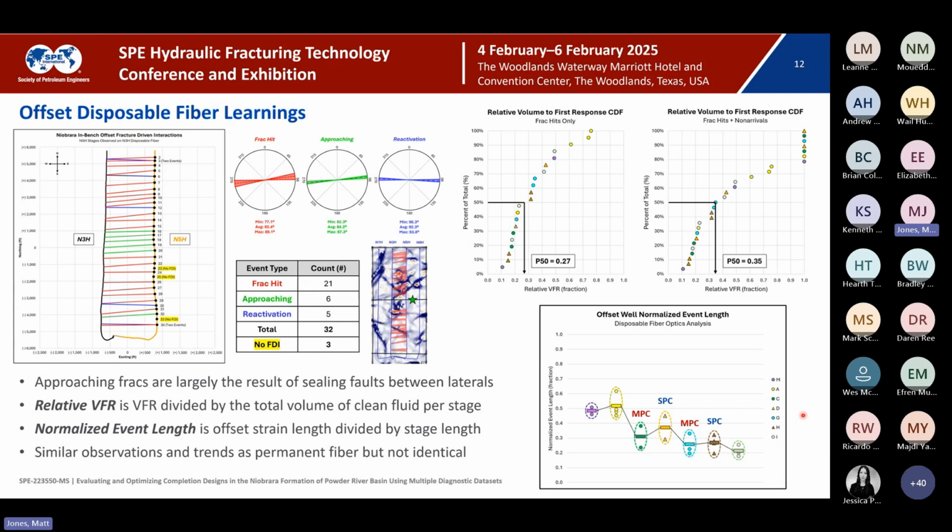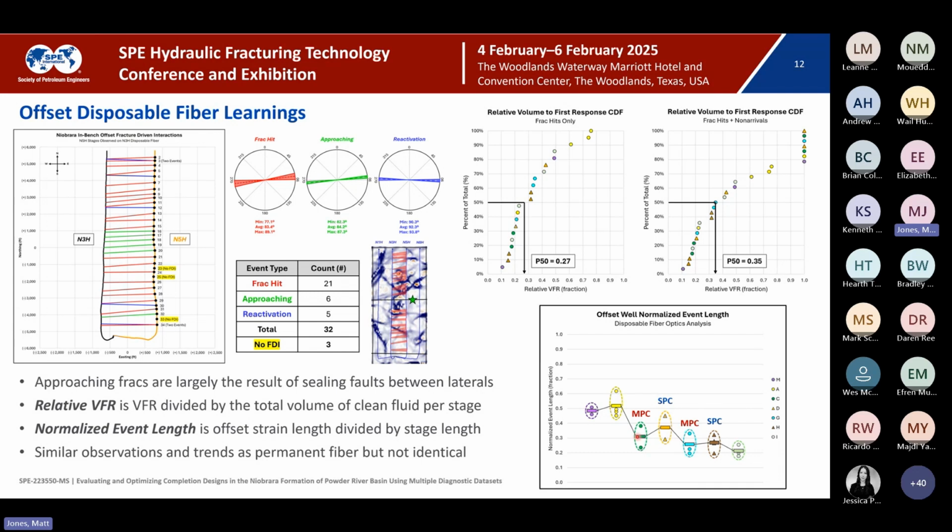If you had perfect far field treatment uniformity, then you would expect to have a normalized event length of 1, meaning the impacted length on the offset well is the same as it is on the treatment well. So you would assume or draw the conclusion that the fractures you're stimulating on the treatment well are all being relayed over to the offset well. There's a little bit of subjectivity with that, with disposable fiber, which has less resolution than permanent fiber, but it's still a good thing to look at for directional results.